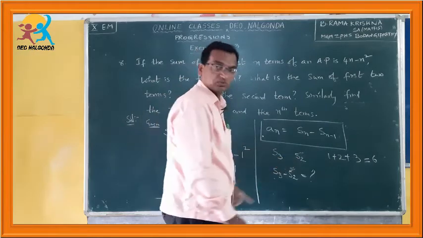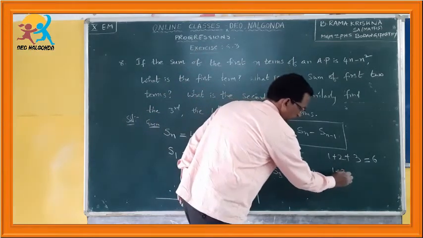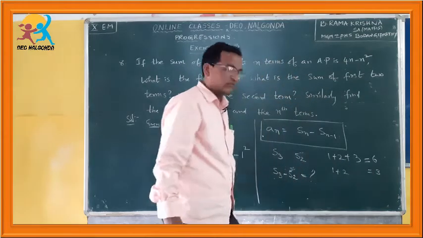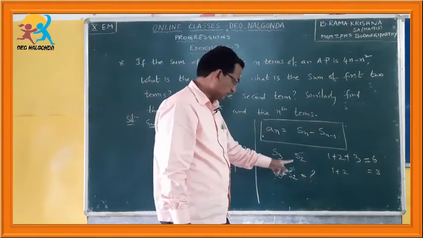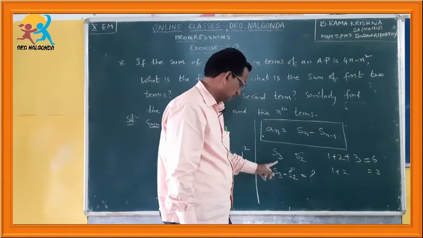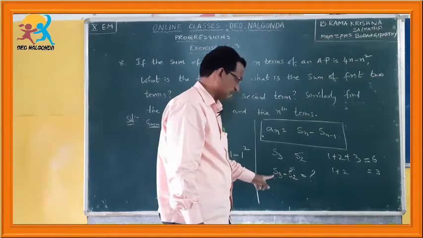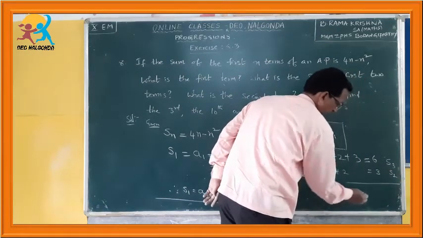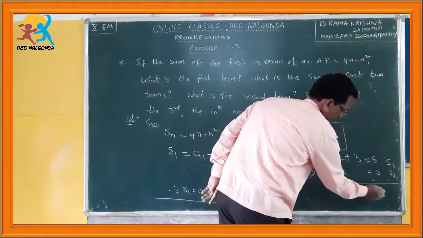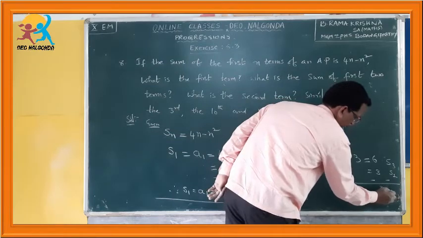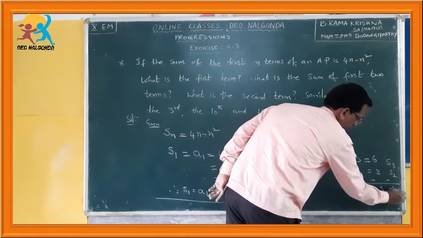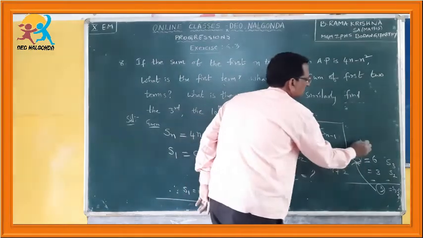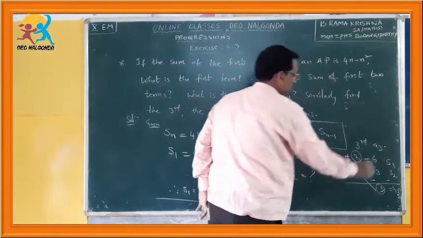And S2, the sum to 2 terms only, is 1 plus 2, which is 3. Now I am subtracting S2 from S3. So S3 minus S2 is equal to 3. What is this 3? This is the third term, that is nothing but A3.